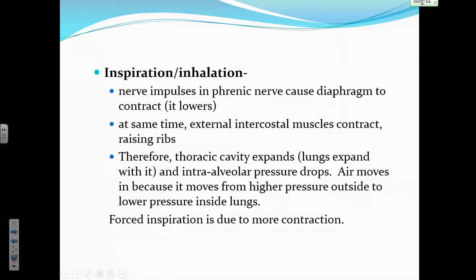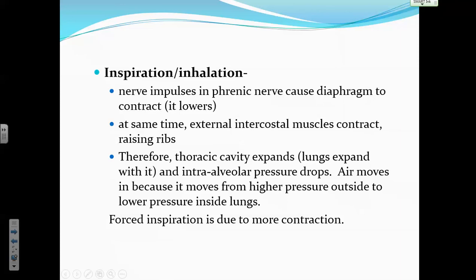Okay? So do you see that prior to inhalation, your lung cavity has expanded? That means the alveolar pressure has dropped. Maybe just a couple of millimeters of mercury, but it's still dropped. And now atmospheric pressure is higher than alveolar pressure. Therefore, where does air go? In.